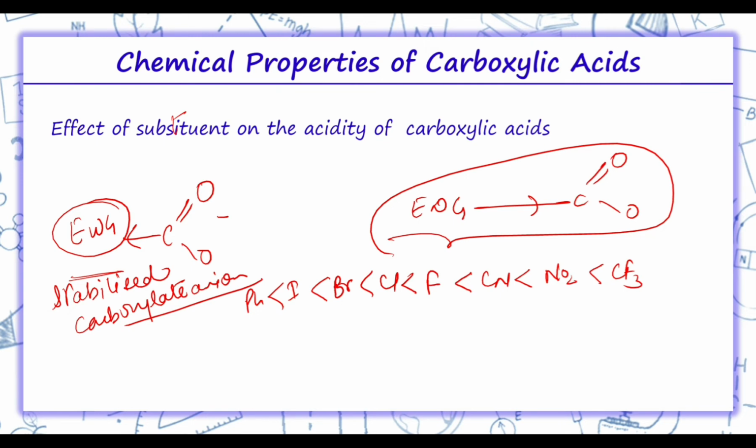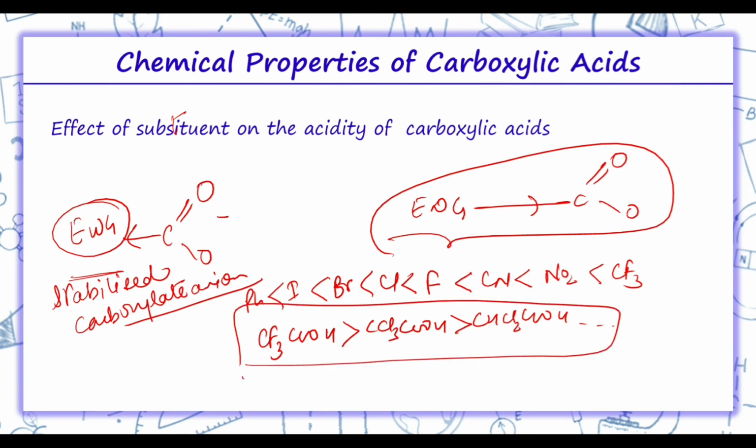So, if we want to write the acidity order, we write over here CF3COOH is more acidic, then Cl3COOH, then CHCl2COOH and so on. So, this is the acidity order when substituents are attached in the carboxylic acid.